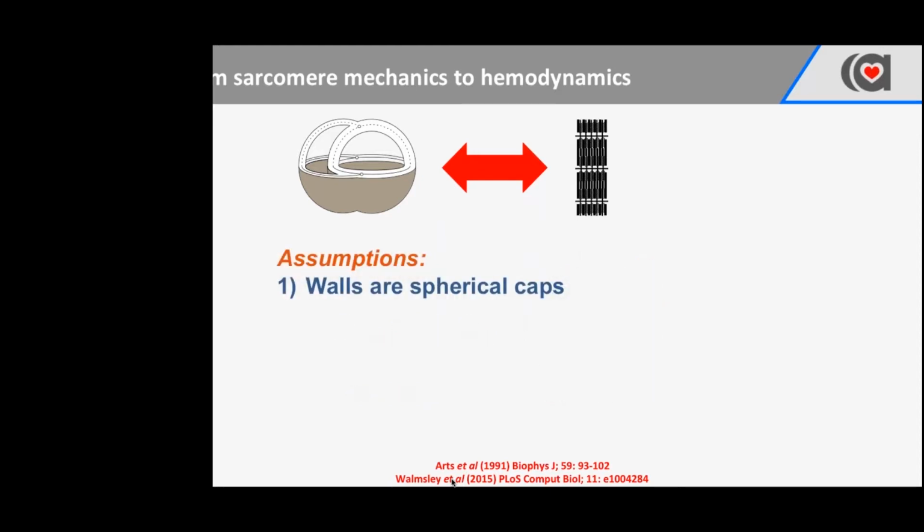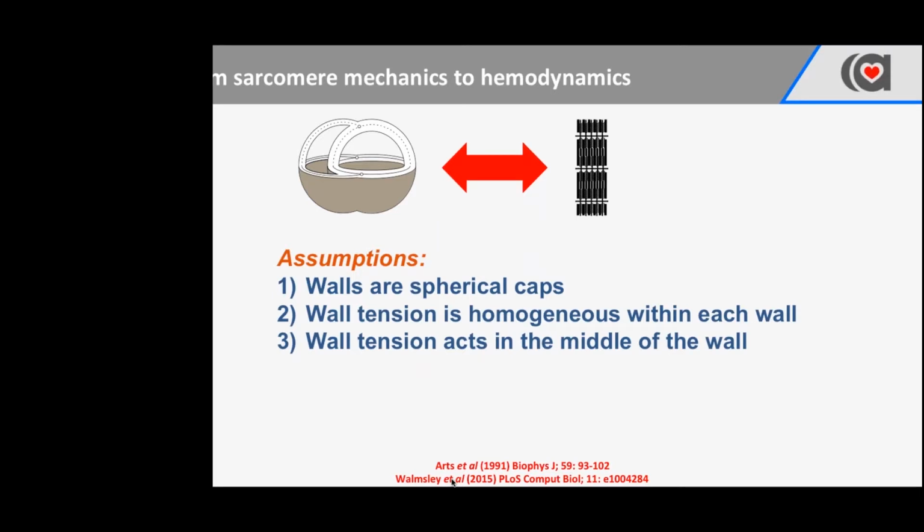And to come from myofiber stress towards wall tension, we need assumptions that walls are spherical caps, and that wall tension is homogeneous within each wall, and that wall tension acts in the middle of the wall. And finally, that the fiber direction is parallel to the wall surface. That you will get automatically when you wrap, of course, the fibers.